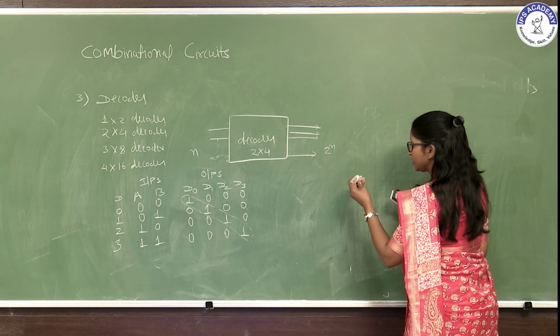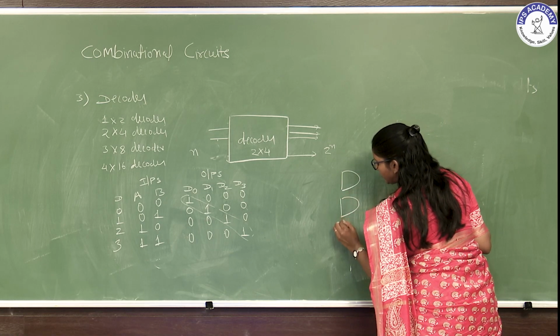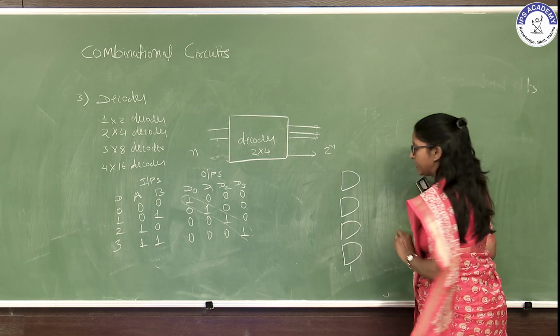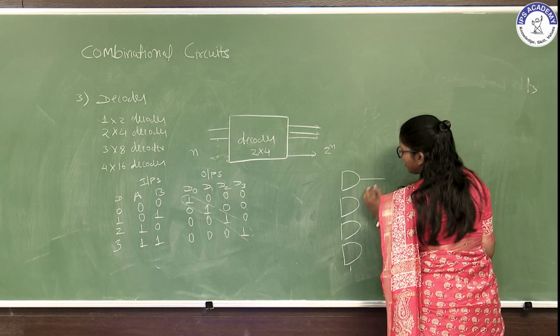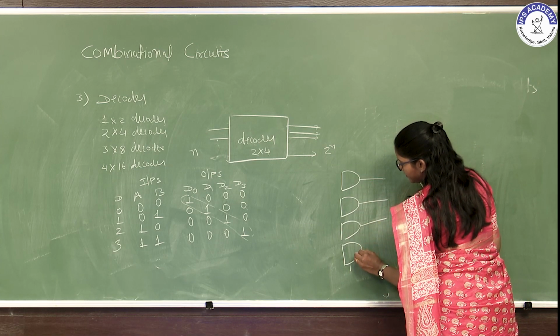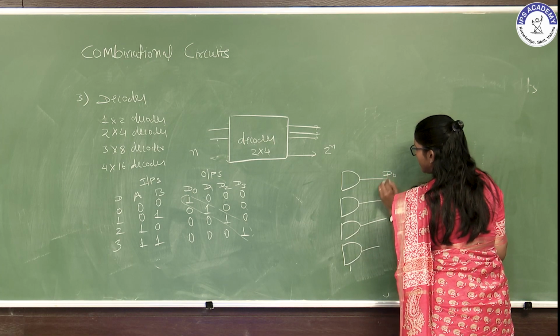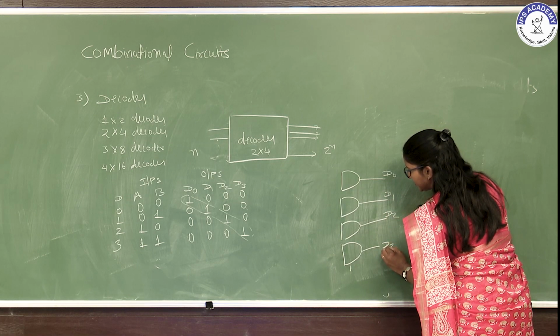Now when you draw the diagram, as I told earlier, this is very much similar to the demultiplexer. So here we get the 4 AND gates. Here we got the D0, D1, D2 and D3.